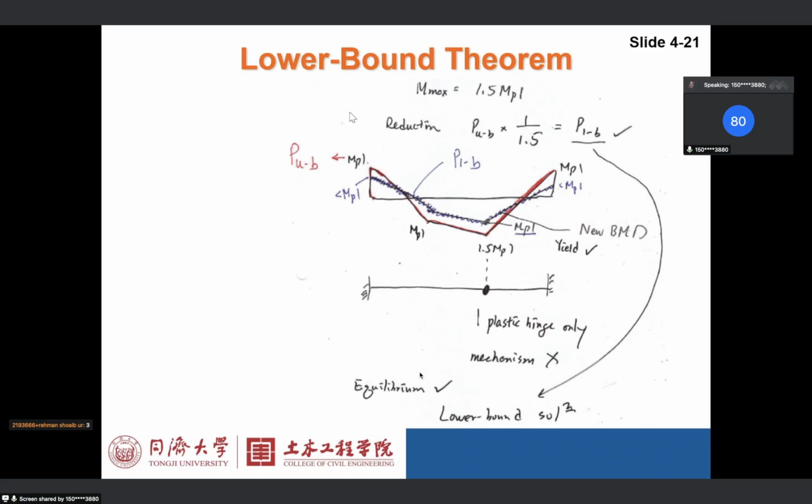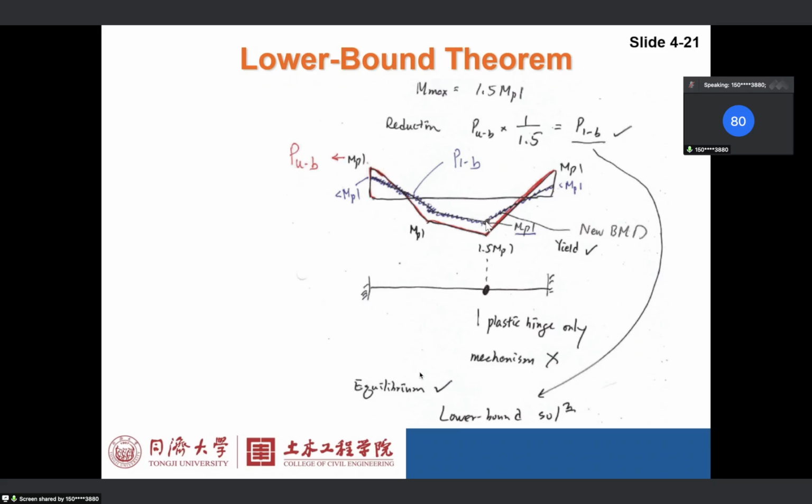Why is it 1? Can you explain why? Because look at the blue line. In the blue bending moment diagram, everything is scaled down. This was MPL originally, but we scaled it down. It's less than MPL, right? Again, this is less. So everything is reduced by one third.